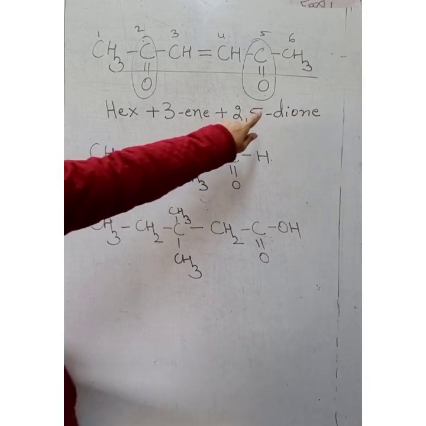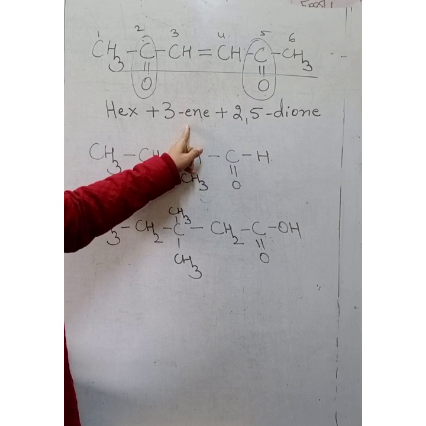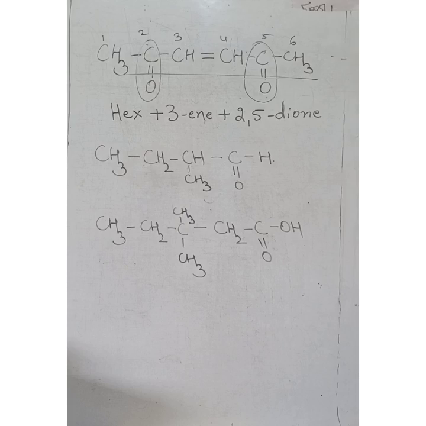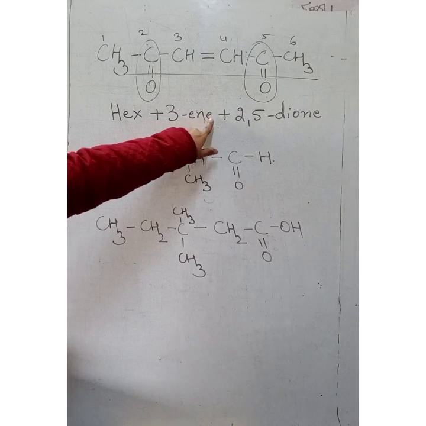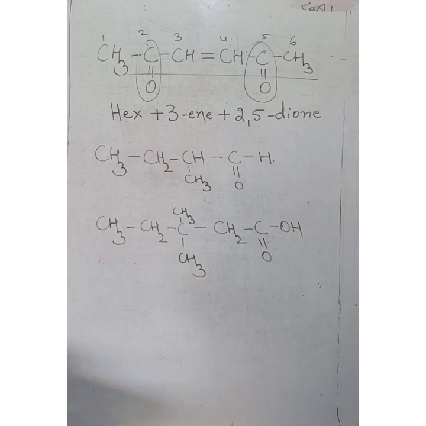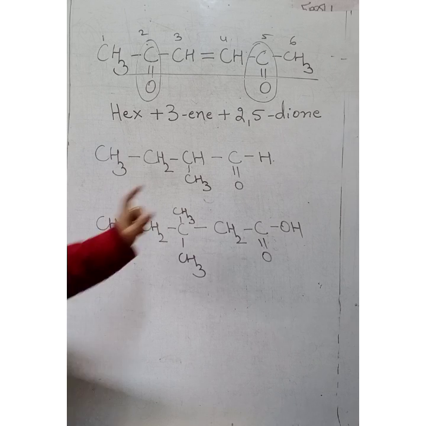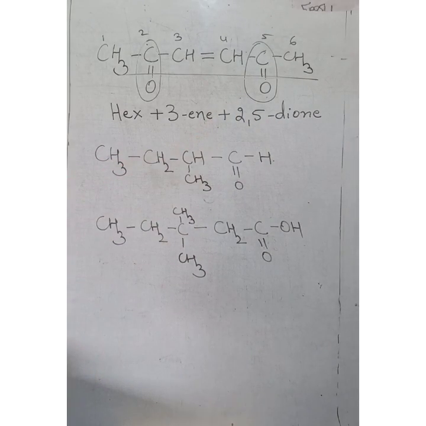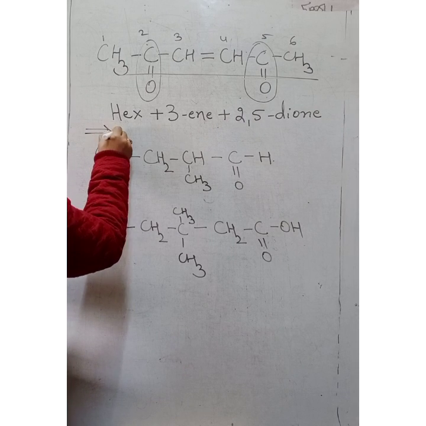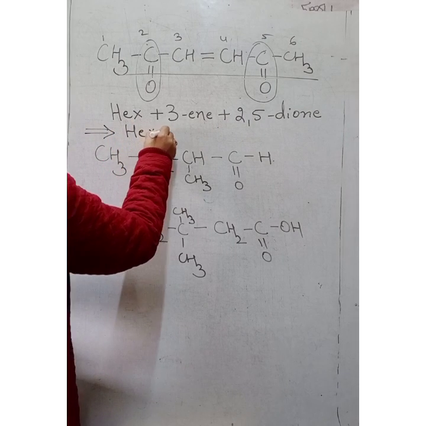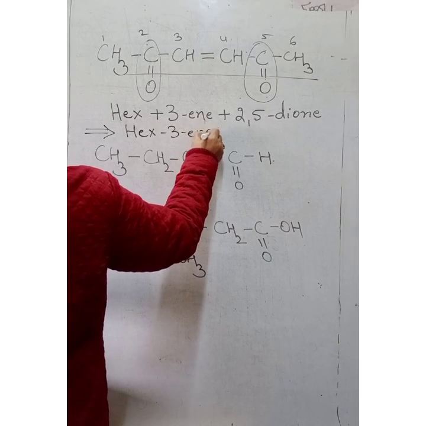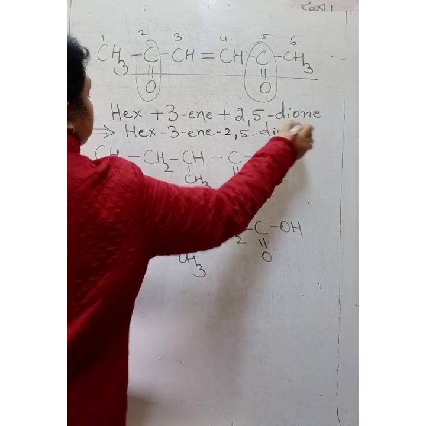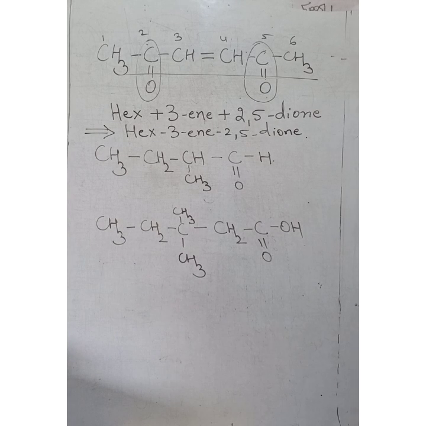Whenever a secondary suffix is added to a primary suffix and it starts with a consonant, the e of the primary suffix is retained, that means we are not going to drop it. If the secondary suffix starts with a vowel, then we drop it. So now the name becomes hex-3-ene-2,5-dione. Let us go for the next example.